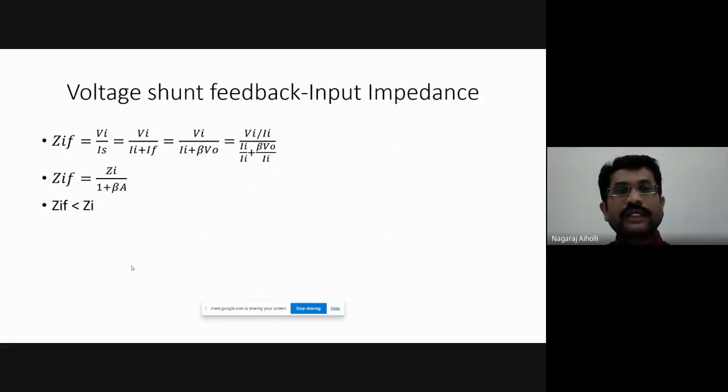Zi is the input impedance without feedback, A is the voltage gain without feedback and beta is the feedback factor, which is given. Substitute these values and find the value of Zif.